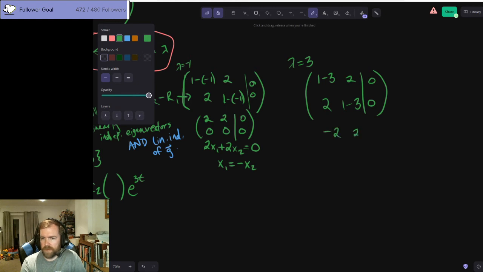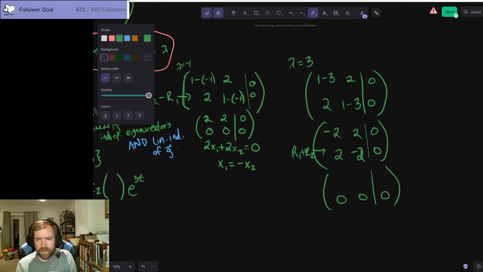So -2, 2, 0, and 2, -2, 0. Okay, so again, row 1 plus row 2, stored into the bottom one, is just going to get us 0, 0, 0. And what's that proving for us? So that demonstrates that our eigenvector is 1, 1.